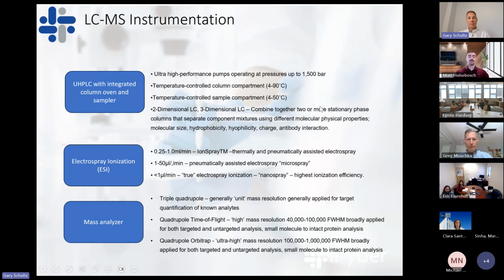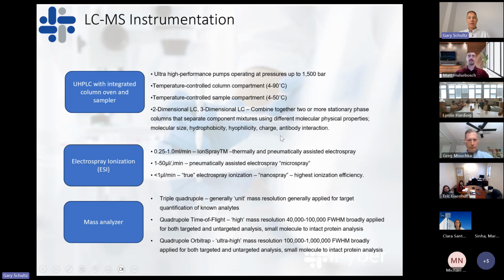The other recently developed advantage is the ability to do multi-dimensional LC, combining two or more stationary phases in series in order to further enhance the separation selectivity of a method.